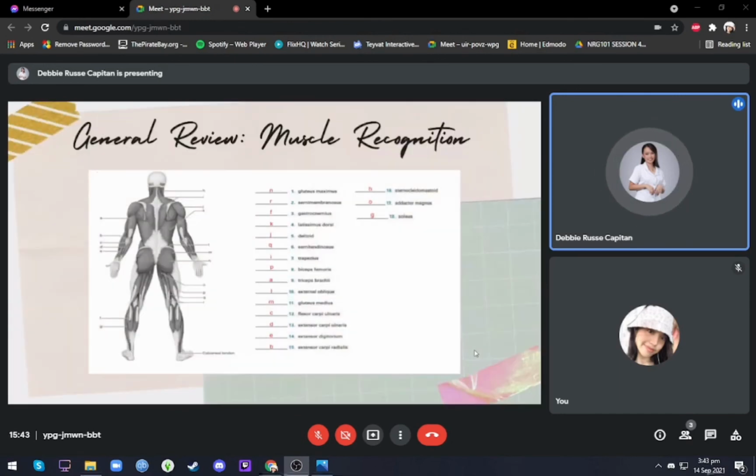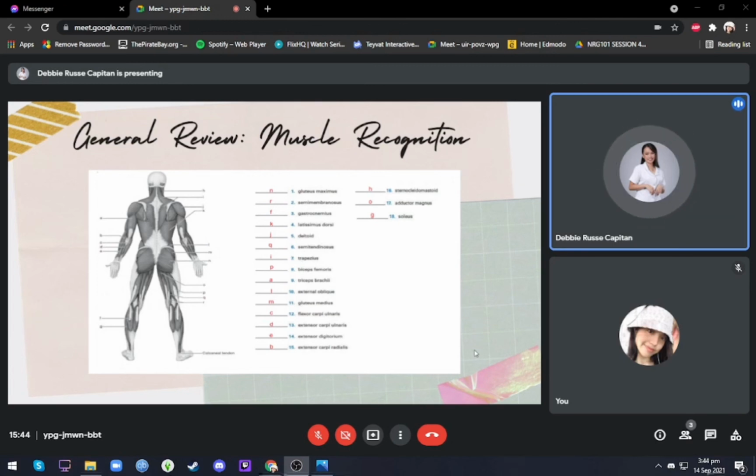Letter N is the gluteus maximus, letter R is the semimembranosus, letter F is the gastrocnemius, letter K is latissimus dorsi, letter J is deltoid, letter Q is semitendinosus, letter I is trapezius, letter P is biceps femoris, letter A is triceps brachii, letter L is external oblique.